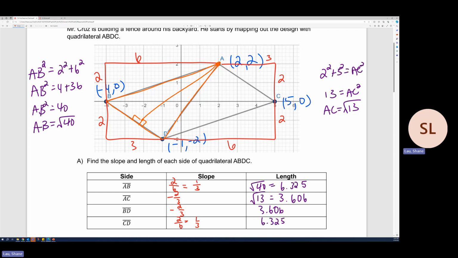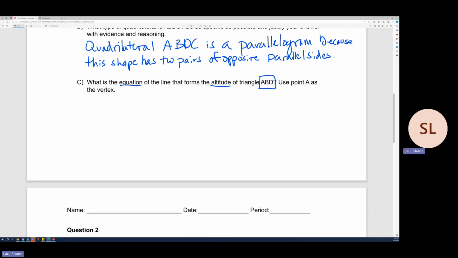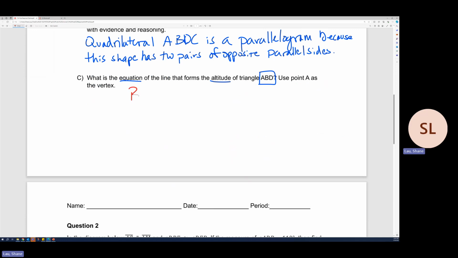But we need to figure out what the slope is. We need to figure out what point we're going to use. But luckily for that, we can find those pretty easily. So before we discuss that, we knew that the slope of BD was negative 2/3. So BD, M for slope, equals negative 2/3.